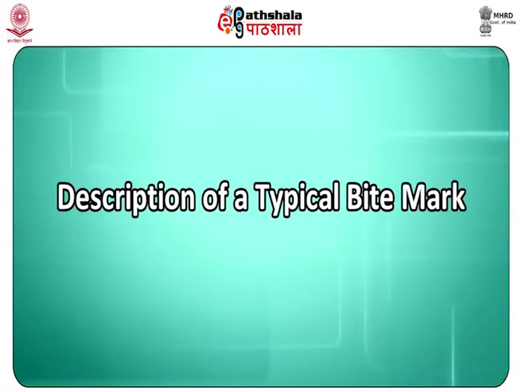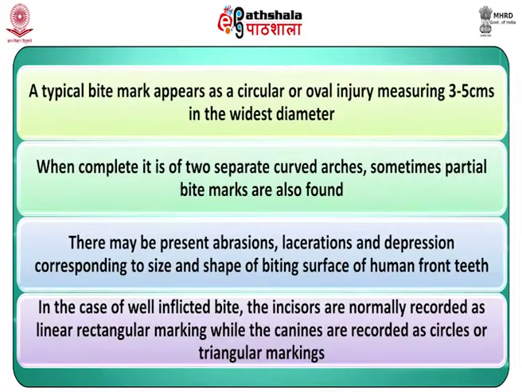Now, I will tell you the description of a typical bite mark. A typical bite mark appears as a circular or oval injury measuring 3 to 5 cm in the widest diameter. When complete, it is of 2 separate curved arches. Sometimes partial bite marks are also found.